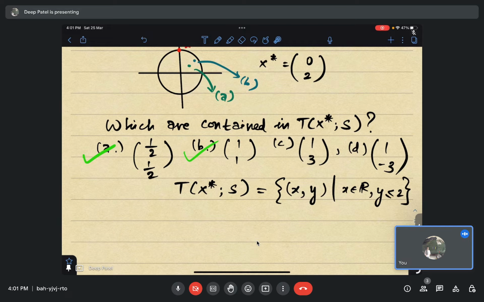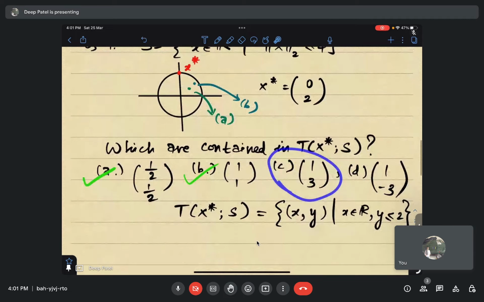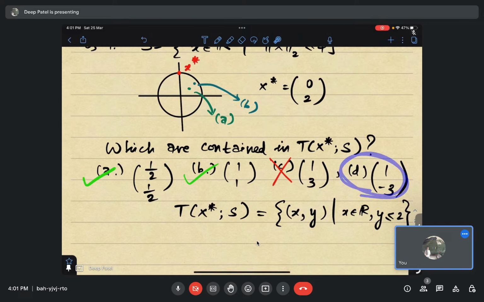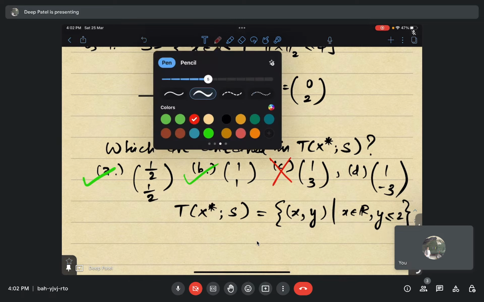Third one, no. And the fourth one? No. X is okay, but the problem is with the Y. Y less than or equal to, that's fine, right?